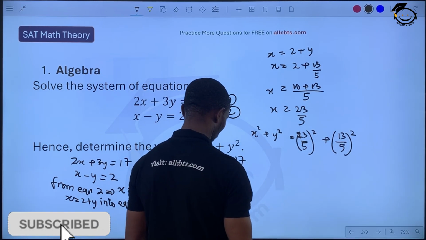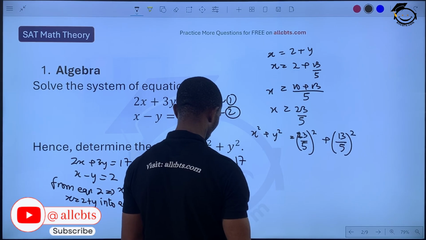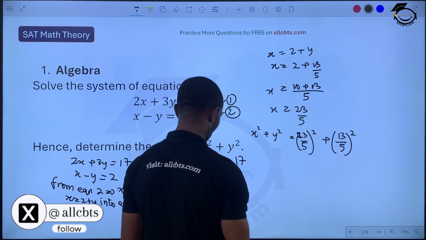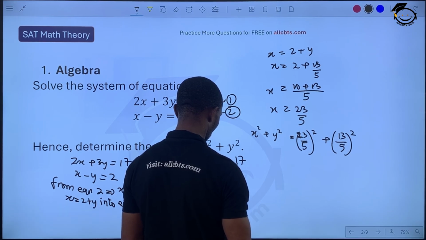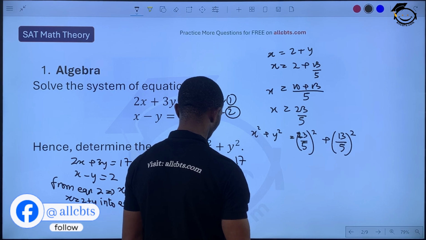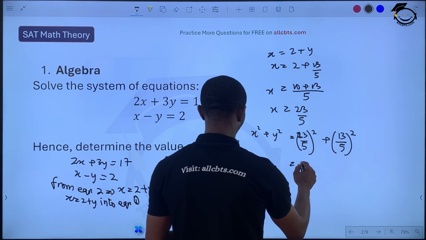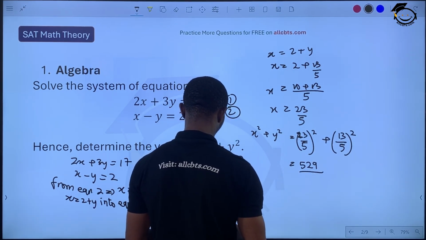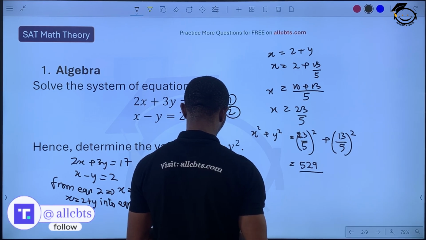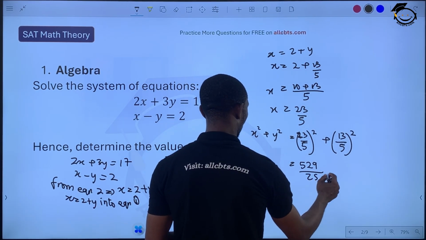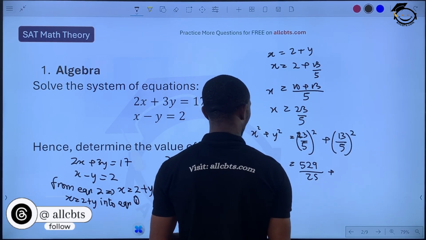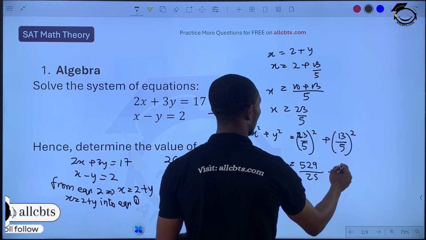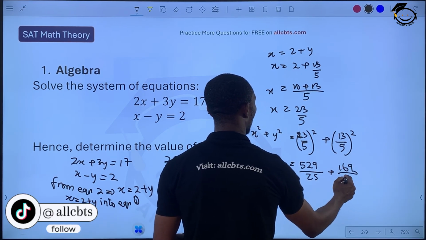23 squared gives us 529 over 5 squared, which gives us 25. Plus 13 squared is 169 over 25.